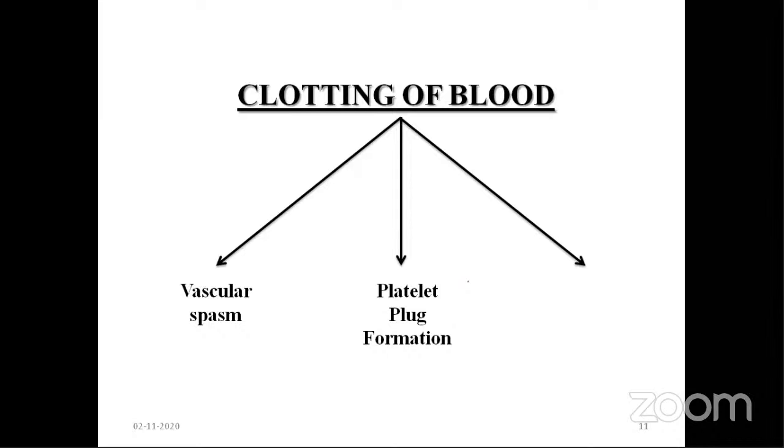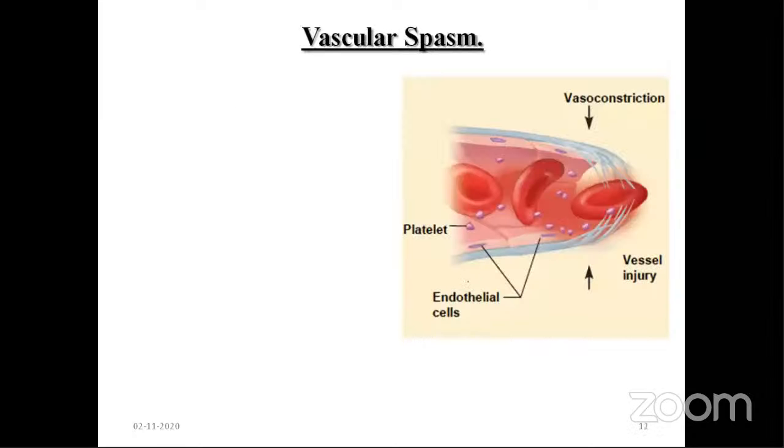And there are chemicals like serotonin, etc., which are released by the damaged platelets, the granules within the platelets, and they are responsible for attracting the platelets to the site of injury to form the platelet plug. And the third is initiation of the clotting cascade, which results in the formation of the secondary hemostatic platelet plug, which is the actual blood clot, the true blood clot.